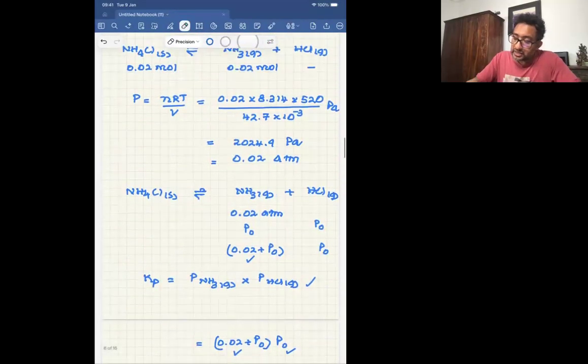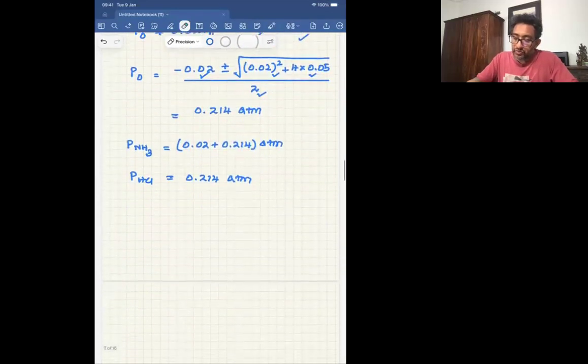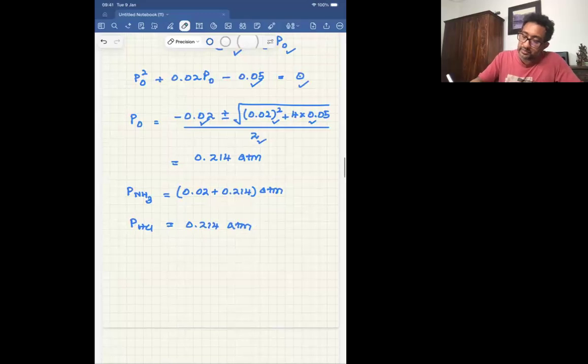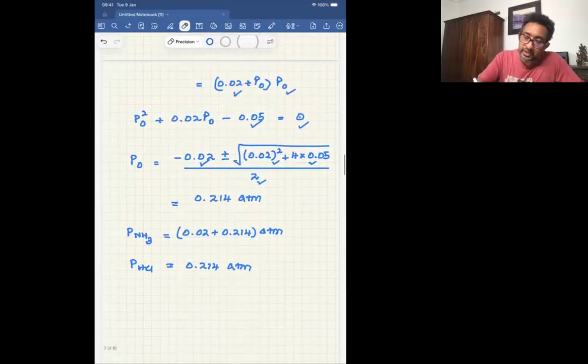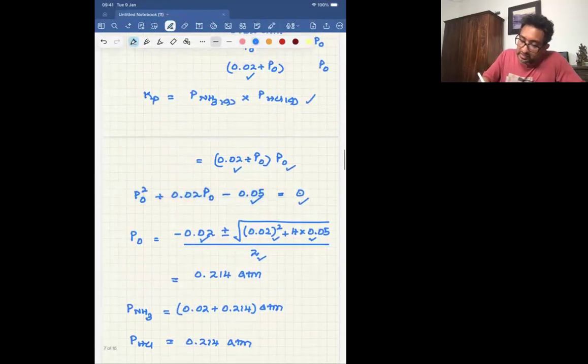Kp is 6.25 times 10 to the power minus 4. I have used the wrong value.